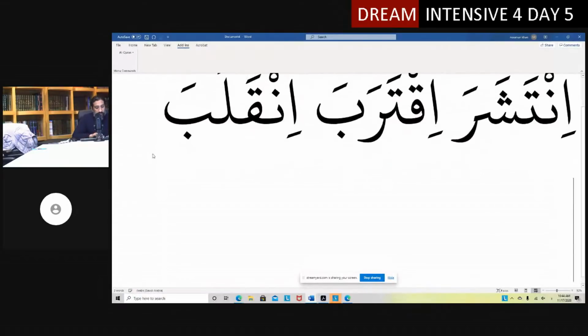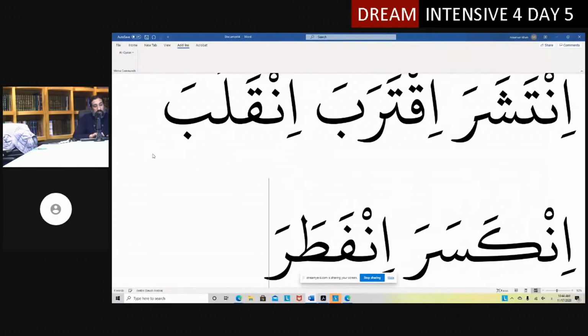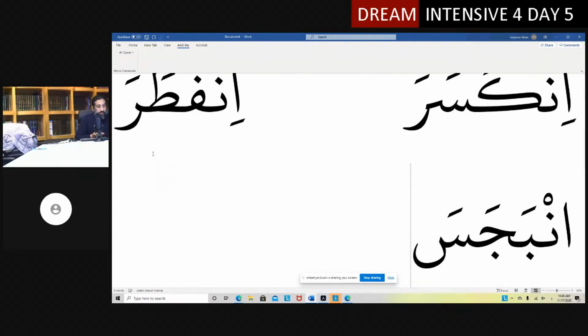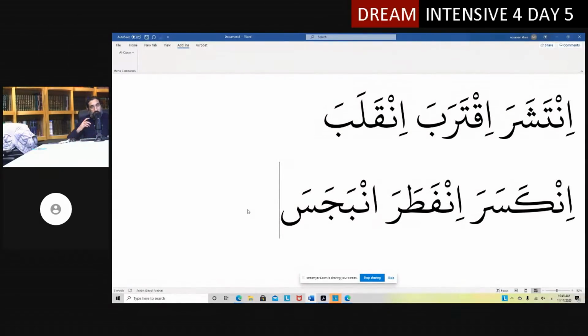So if I say inkasara, or the Quran says إِذَا السَّمَاءُ انْفَطَرَتْ, which is infatara, right? Or inqalaba is used in the Quran, and inbajasa is used. Inbajasa.